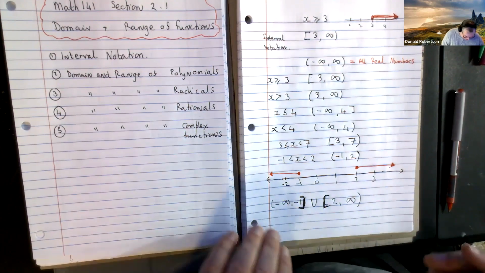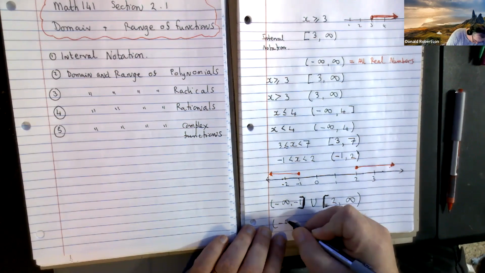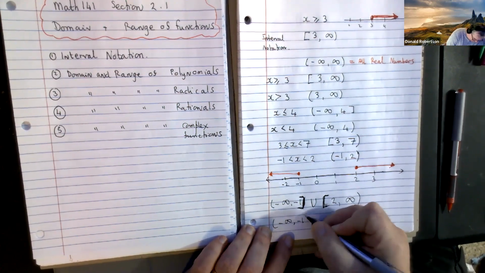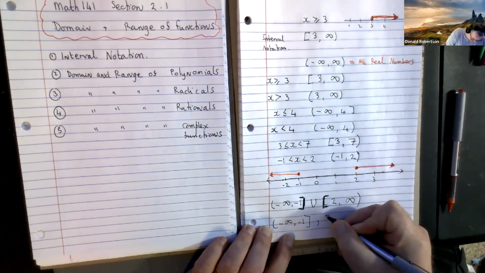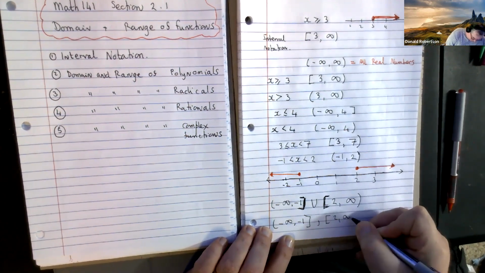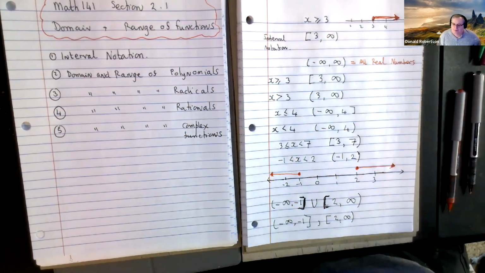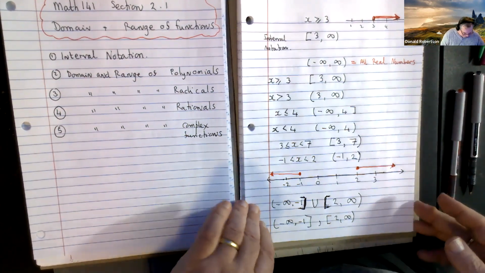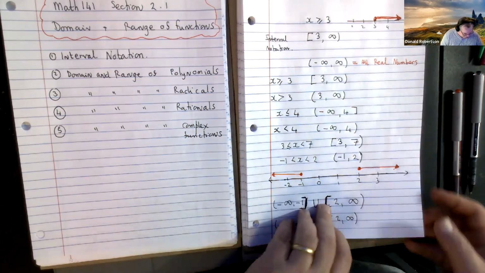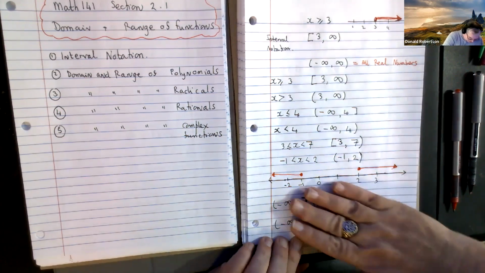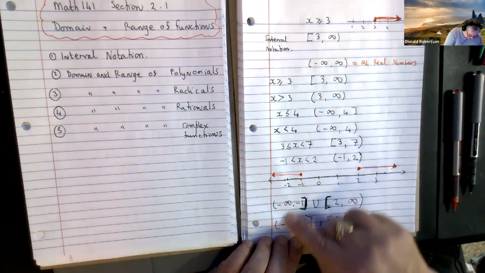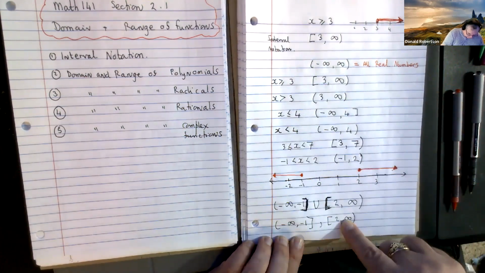I believe in WebAssign, they'll let you put a comma there, which isn't good math, but WebAssign does what WebAssign does. Okay, so these are what it looks like in algebra and what it looks like as an interval notation.